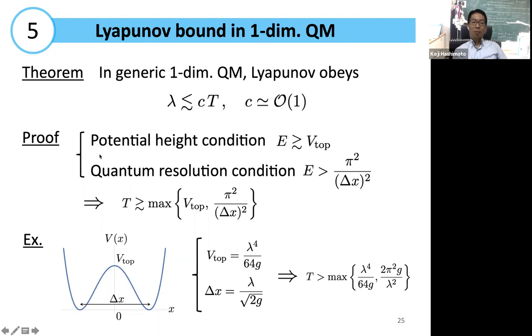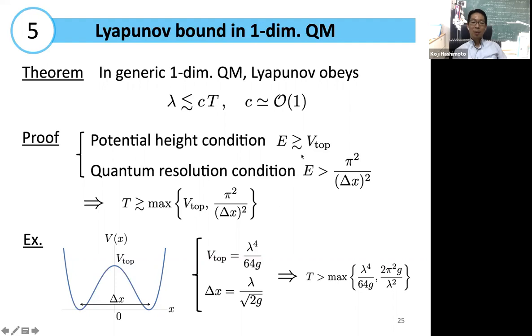First of all, to probe the potential top, you need energy which is larger than the top of the potential. And also, if you want to probe here, then you need a nice wave function which can resolve this structure. So you need to see the bump by the wave function. That gives you a condition like this, where delta x is the size of this bump.